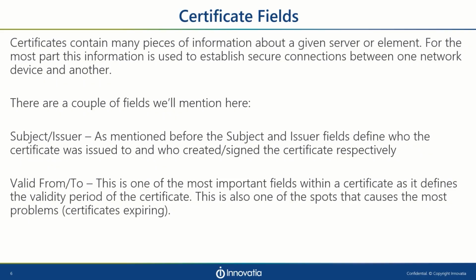This is, without a doubt, one of the most common issues that we see with certificates: certificates will simply expire, because the timestamp listed in their valid to field has been reached, or we have gone past it. It's also one of the reasons why certificates have to be fairly regularly regenerated, because they are only valid for a specific period of time, and regenerating the certificate basically refreshes that validity period.